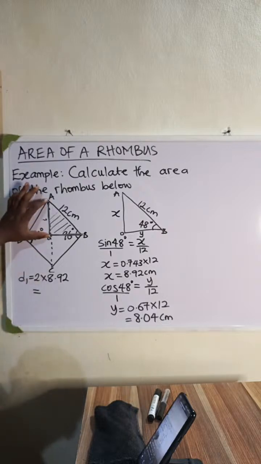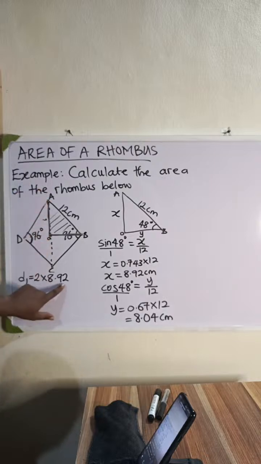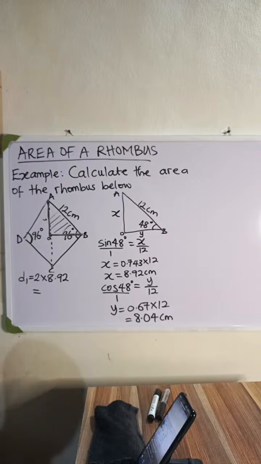This is x, so double of it is 2 times x. 2 times 8.92 is 17.84.